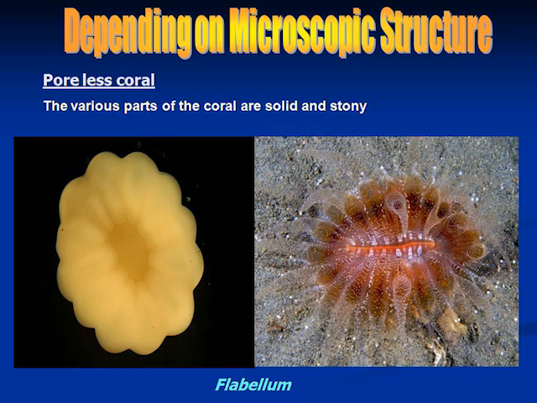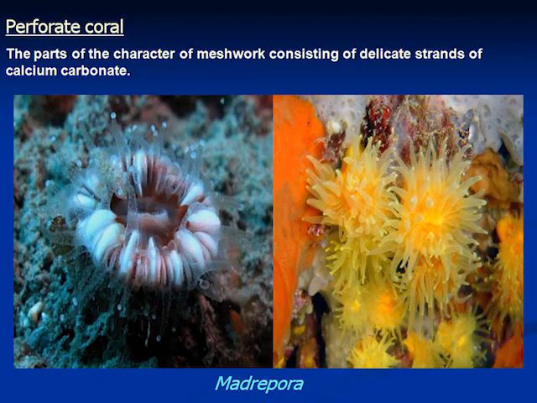The example is Flabellum. The colorful pictures display the examples here. Now coming to the perforate one, the outer structure has a delicate meshwork of calcium carbonate. The example is Madrepora. You can see the examples displayed here.